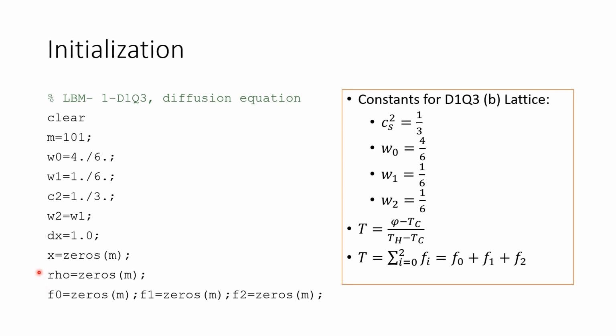Actually in this particular source code, the temperature is described as rho, but it should be phi, but that doesn't really matter, so we just call it rho. Just so that you have the idea, rho is the temperature. And then we also have the distribution functions. We have 3 distribution functions in each of the lattices.